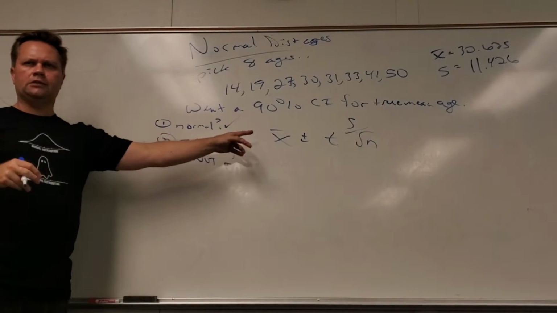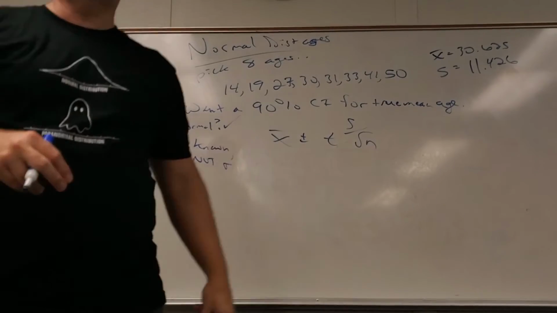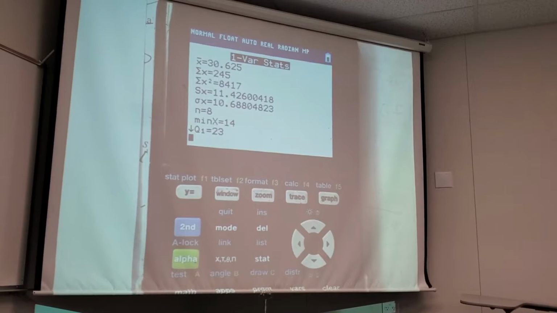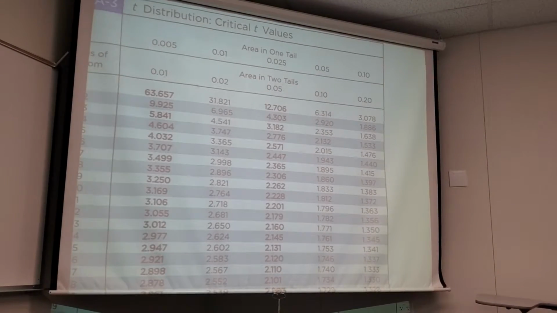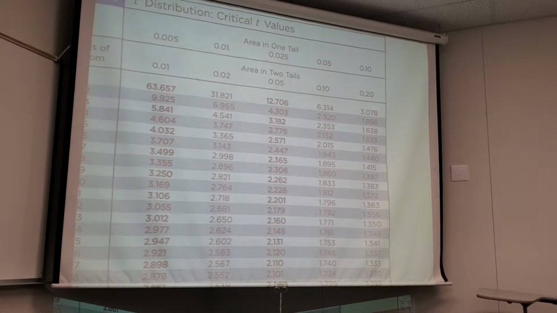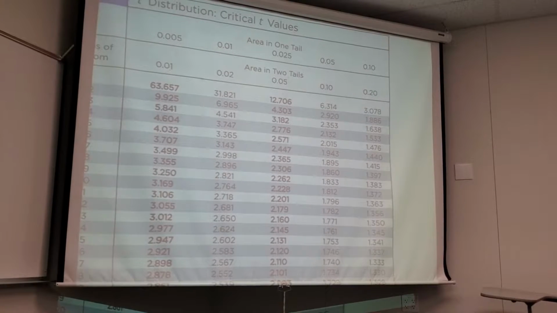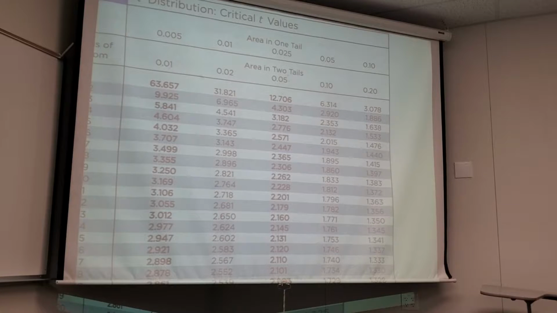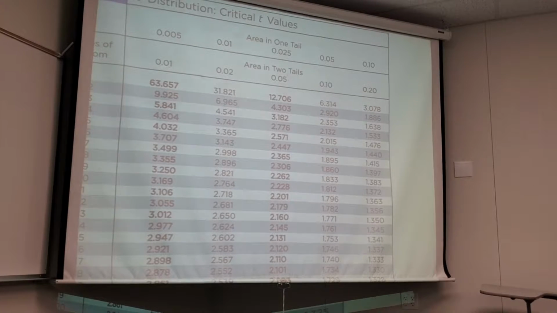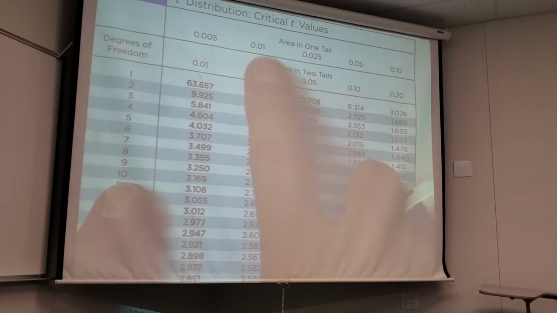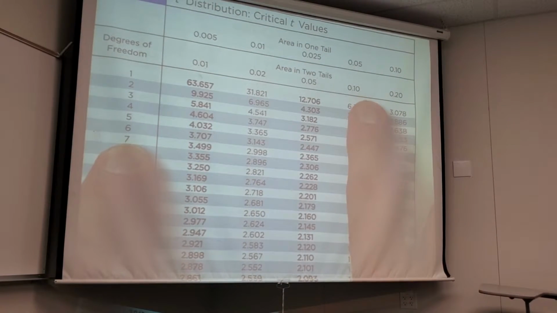And how do you find the t-score we're going to use? What's alpha? Point 10, right? And degrees of freedom is 7, right? 1 less than 8. So go to 0.10, 7 degrees of freedom.